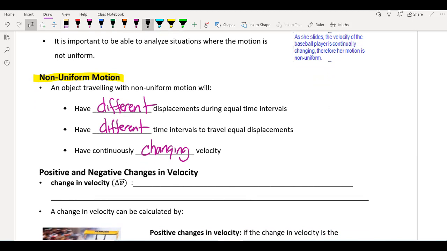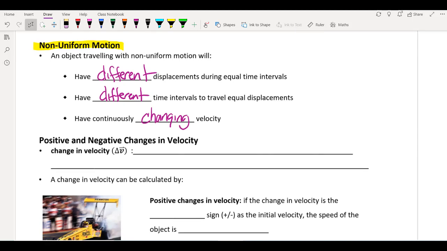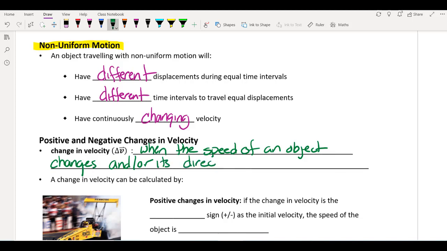So the technical definition, the textbook definition that we're going to write down here for change in velocity is when the speed of an object changes and or its direction of motion changes, right?